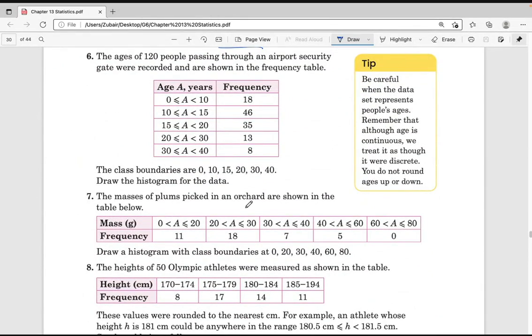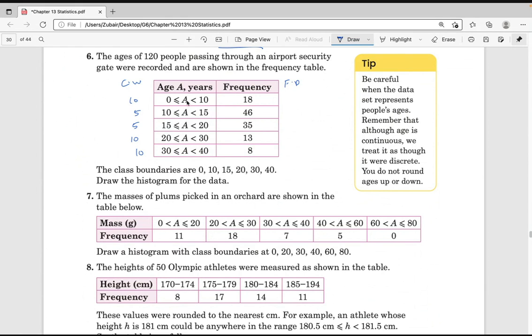Question number 6. The ages of 120 people passing through an airport security gate were recorded and are shown in the frequency table. The class boundaries are 0, 10, 15, 20, 30, and 40. Draw the histogram for the data. So exactly the same thing. Class widths are 10, 5, 5, 10, and 10.